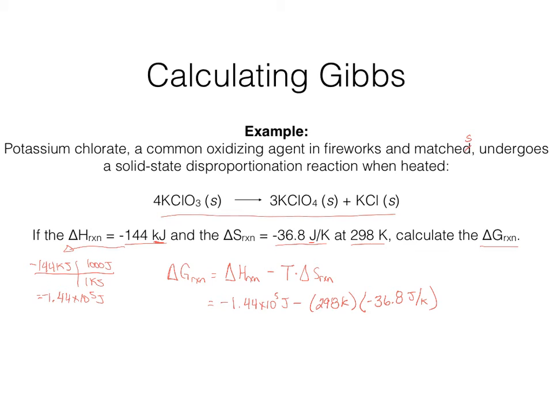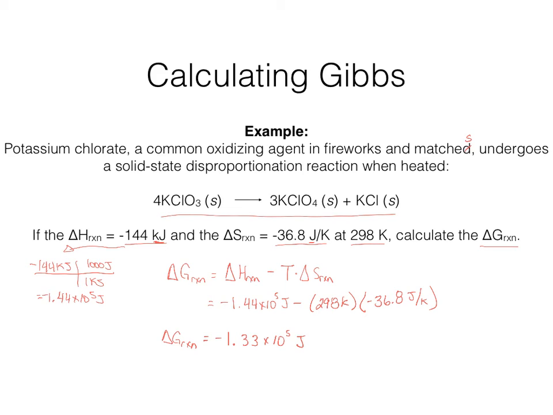And so if I calculate this, I get that delta G of the reaction should be equal to negative 1.33 times 10 to the 5th joules.